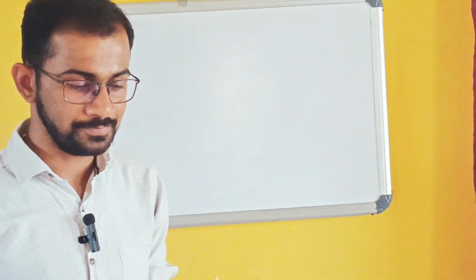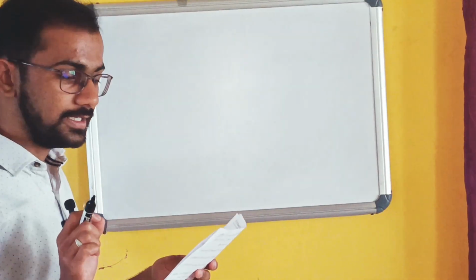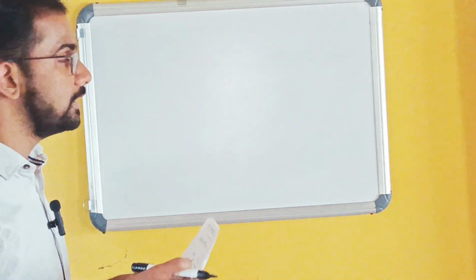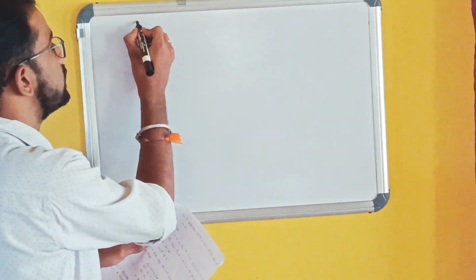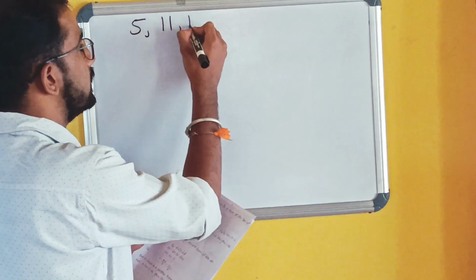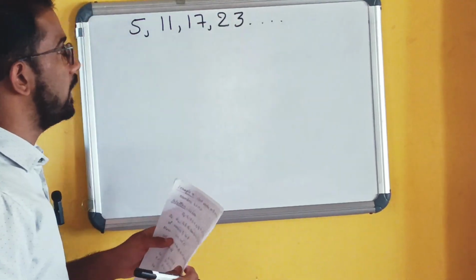Let's get started. Today's first question is: check whether 301 is a term of the list of numbers. They have given a list of numbers as 5, 11, 17 and 23 and so on.